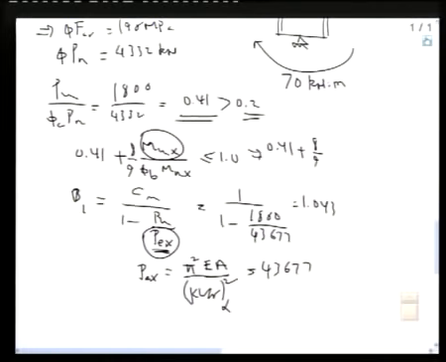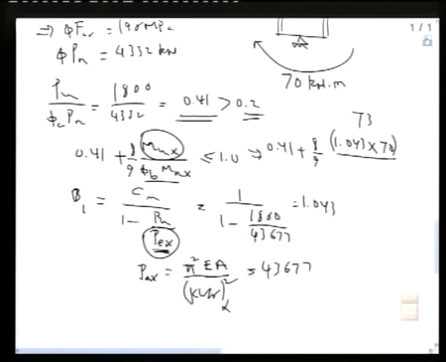It is 1.043 multiplied by 70. This will provide us with a value 73 divided by phi b MNX, which up till now we didn't calculate.